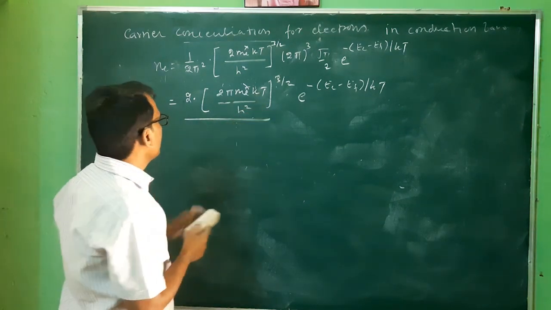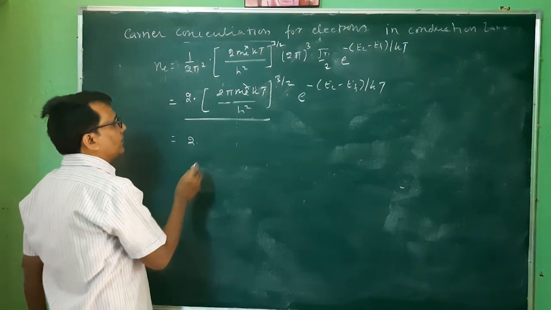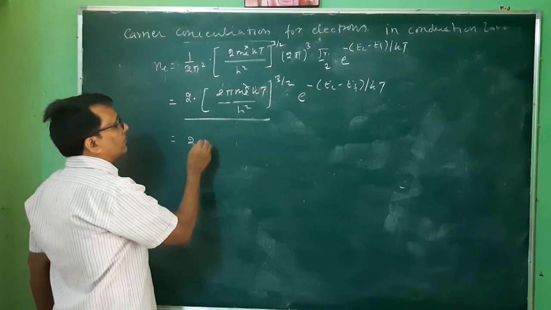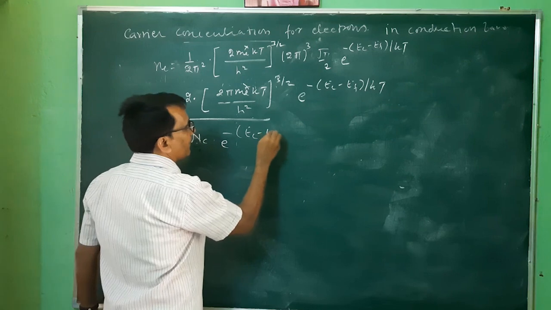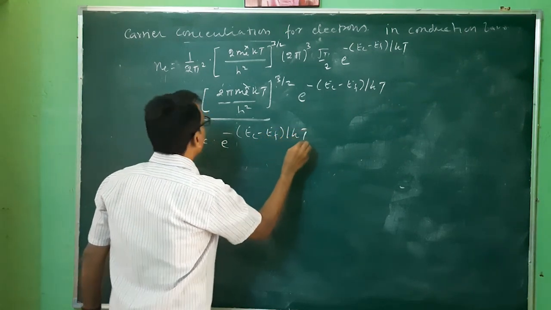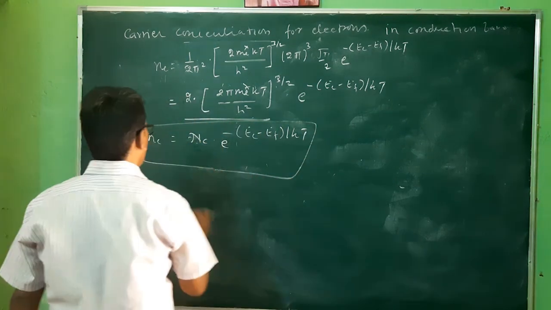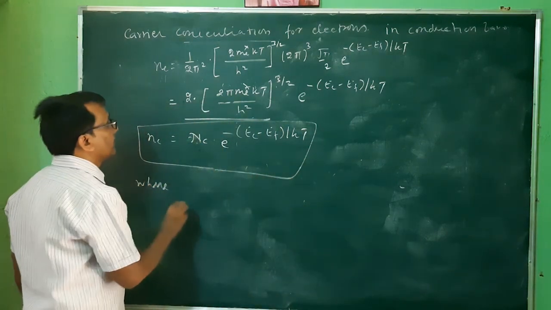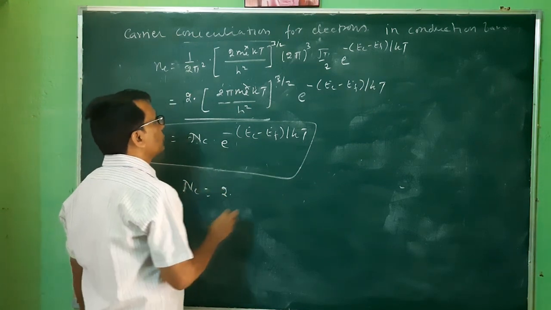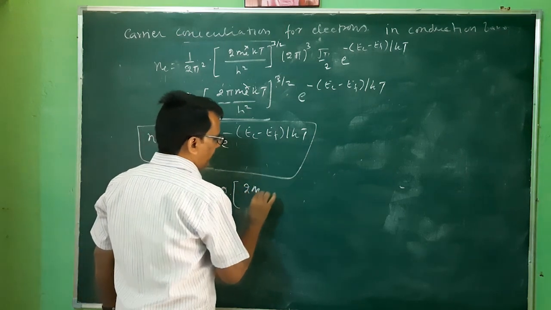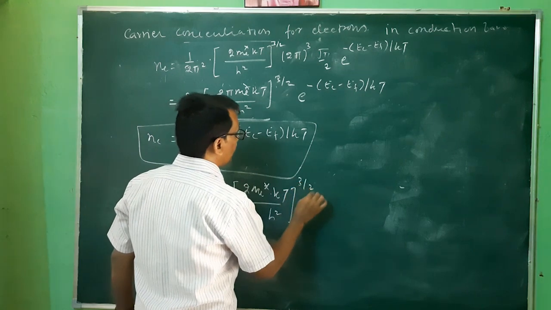So this is equal to Nc exponential of minus (Ec minus Ef) by kT, where Nc, capital N, c, is equal to 2 pi me star multiplied by kT by h square to the power 3 by 2.